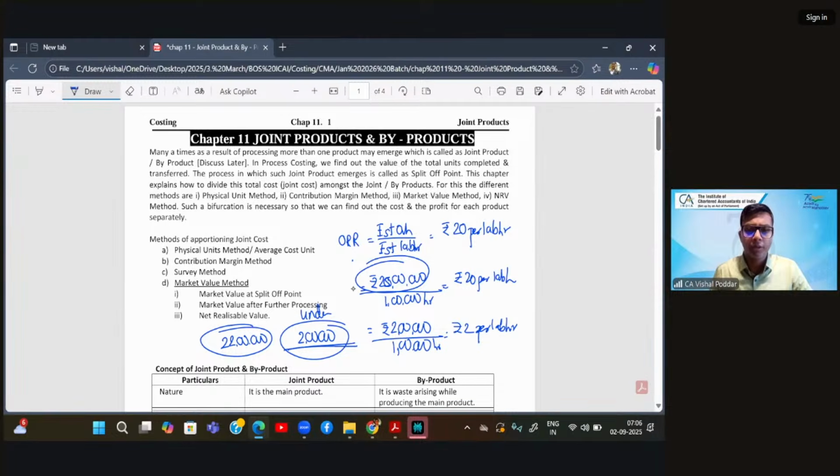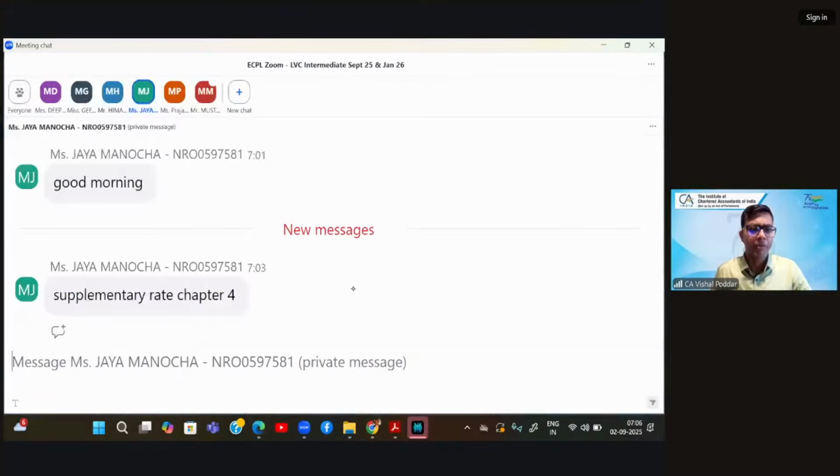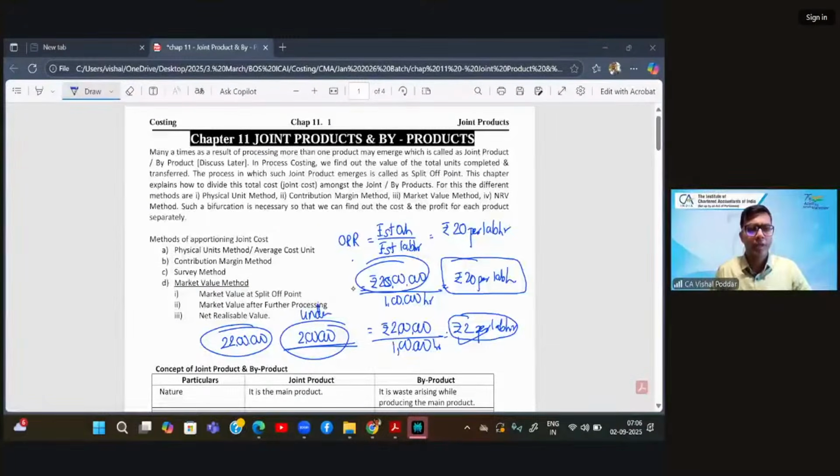Since this is additional, over and above the 20 which you already charged, this is called the supplementary rate, Jaya. Is this clear to you, Jaya, and everybody else? So supplementary is the extra, additional rate for charging the under absorbed overheads.